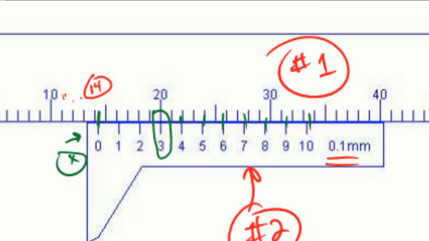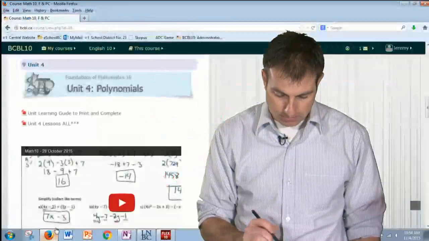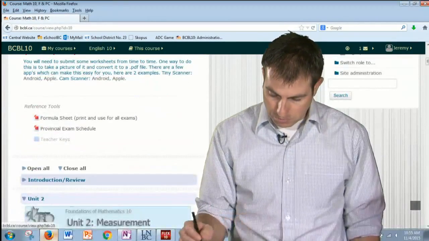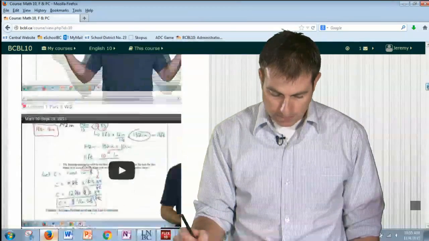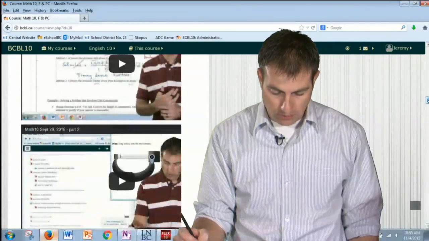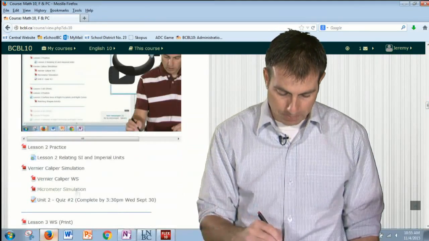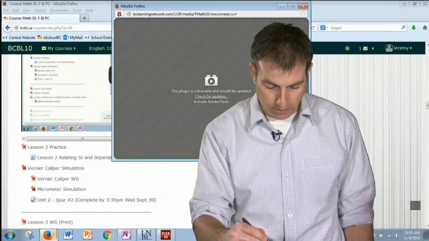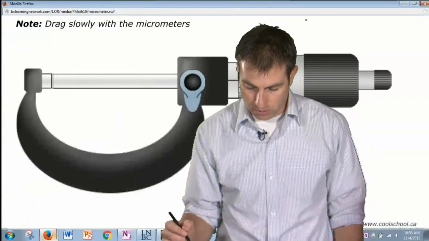So micrometer type questions, the reason I didn't spend time on them is they don't come up very often, but we can go back to the course and look at a micrometer question, I guess. Let's bring up the micrometer simulator. I've only maybe seen one or two micrometer type questions on an exam in the last like 5 or 6 years, so it's not necessarily the most important thing.